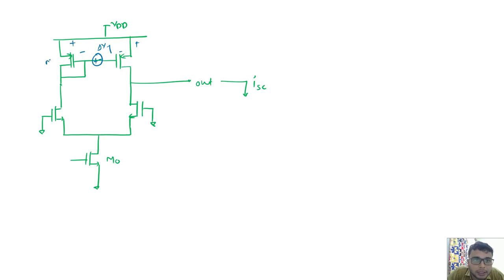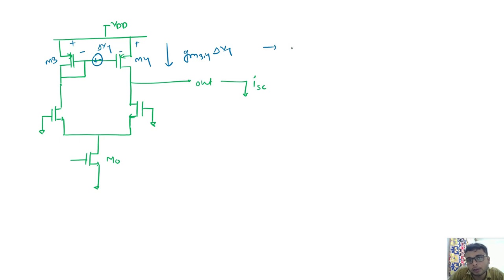It may be on the M3 side, it may be on the M4 side, but overall the amount of current that will go to the output is nothing but GM of 3,4 into del VT. So del VT is a voltage that can be modeled as a voltage source at the input of both transistors M3 and M4.